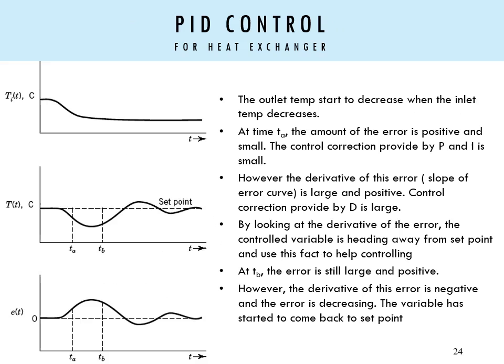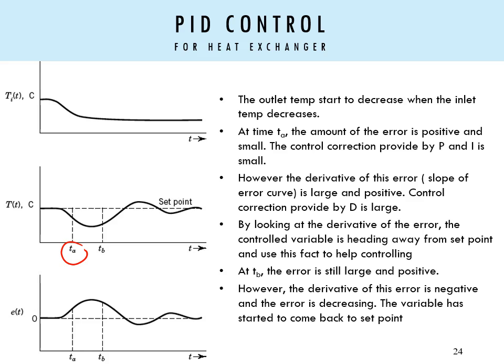The figure shows the process response curve of the PID controller in a heat exchanger. If you can observe, the outlet temperature starts to decrease when the inlet temperature decreases. At time TA, the amount of the error is positive and small, so the control correction provided by P and I is also small.